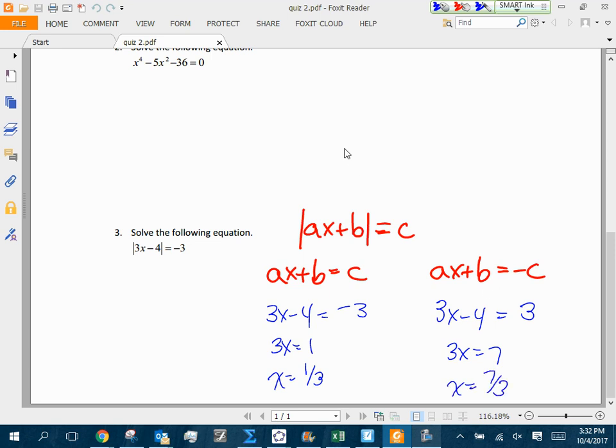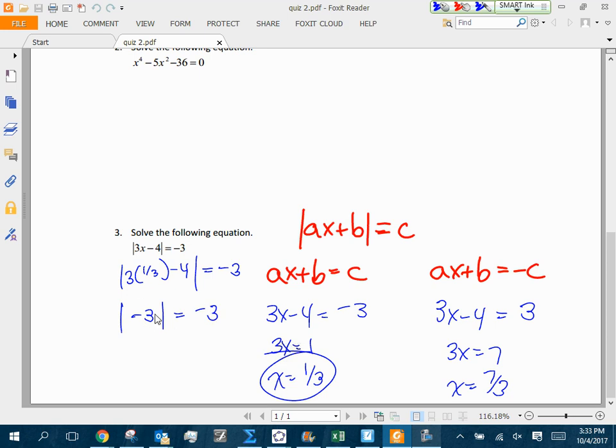But my argument with you is, think about what you're doing. When you plug that 1/3 in, right here, 3 times 1/3 minus 4, take that absolute value. You're telling me that that should equal negative 3. Well, 3 times 1/3 is 1, and 1 minus 4 is negative 3. You're telling me that the absolute value of negative 3 should equal negative 3.